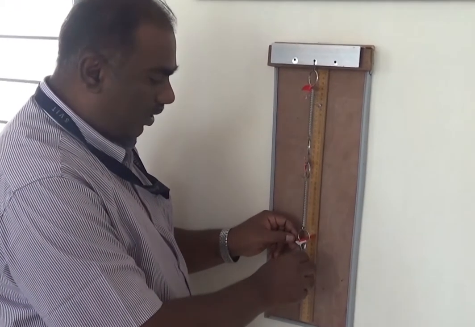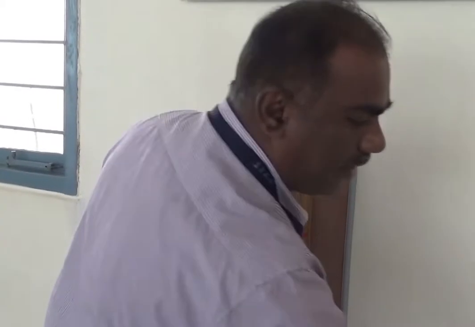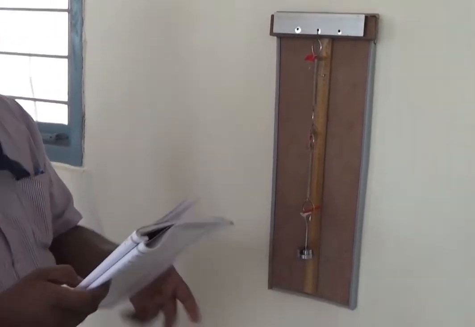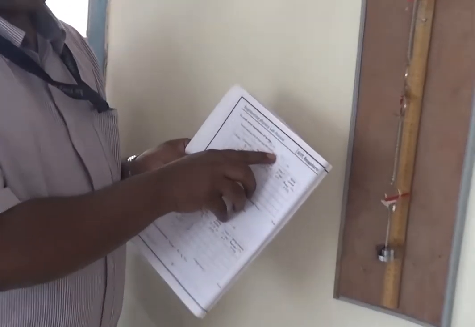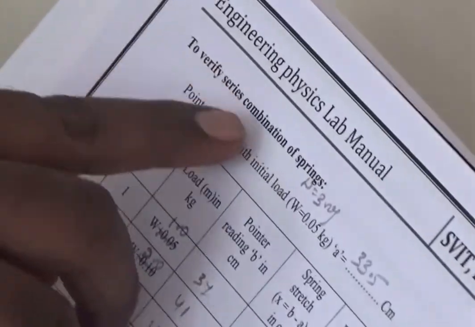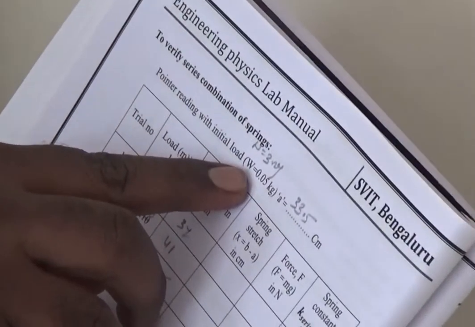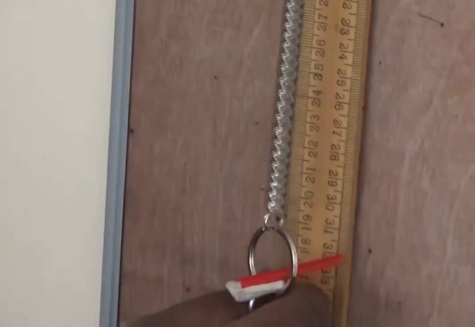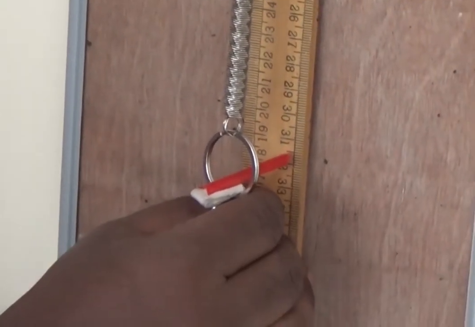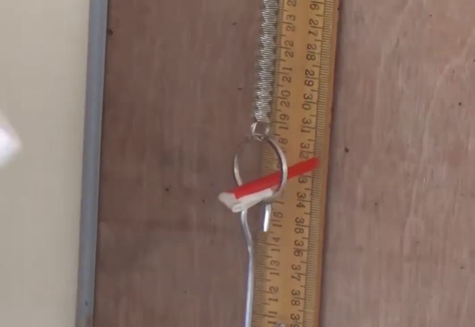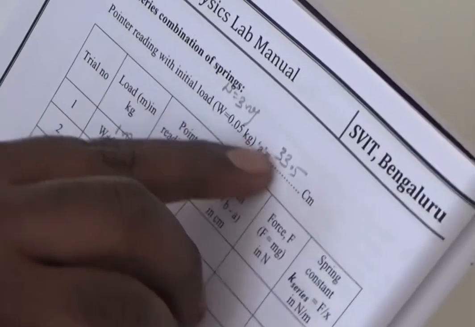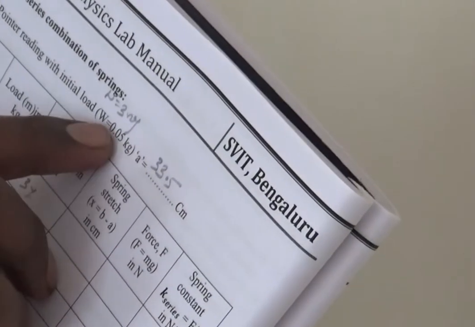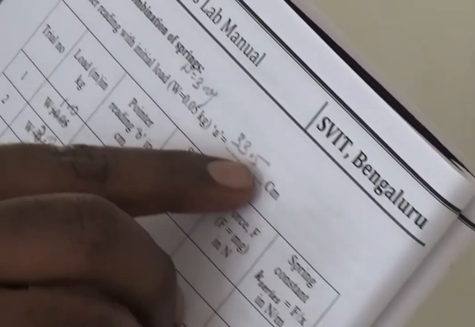In the similar way, after adding the dead load, we will take the pointer reading A when the two springs are connected in series. It is showing about 31.5 centimeter. So we will be noting down the pointer reading A for the dead load, that is 0.1 kg.